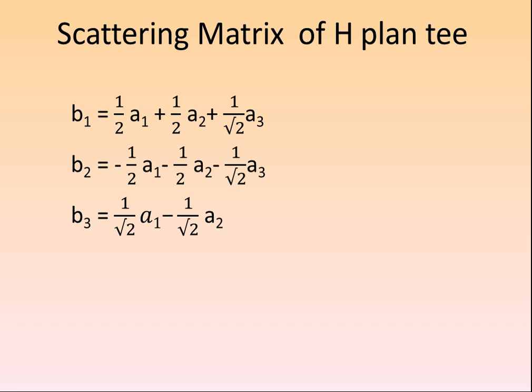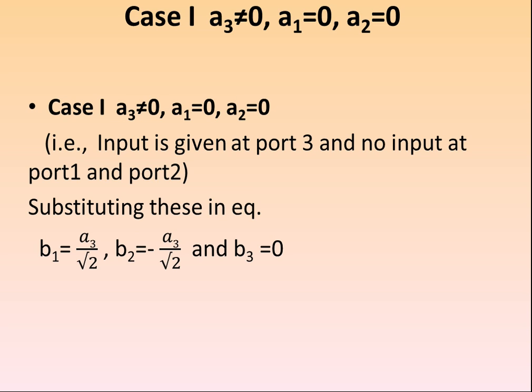Now we are going to consider different combinations of the input in order to get the different outputs. So case 1: we are applying input at port 3, that is A3, and input at port 1 and port 2 will be 0, that is A1 and A2 will be 0.